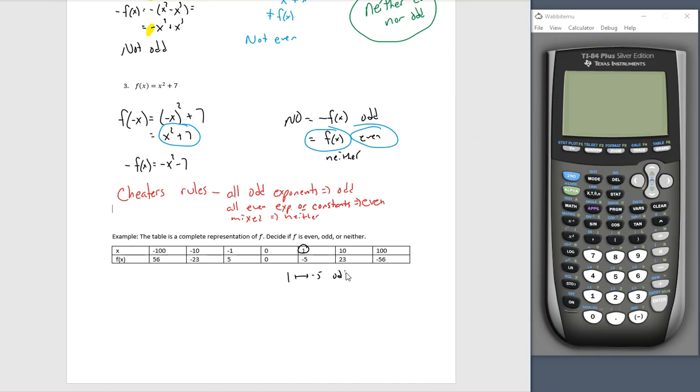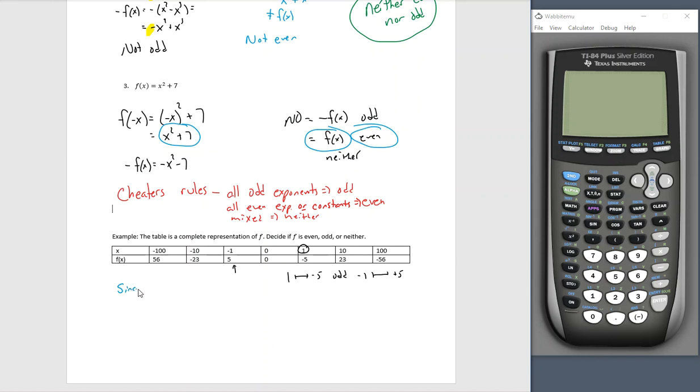If that's odd, negative 1 would go to positive 5. So I check. Oh yeah, that works. Possibly this is odd. I know that 1 and negative 1 do not give the same result, so this is not possibly even. Let me use the tens.